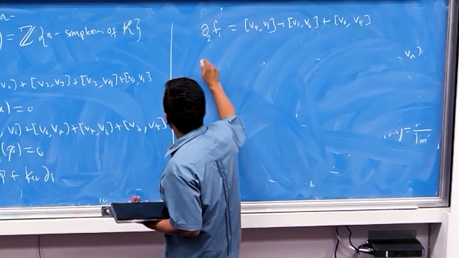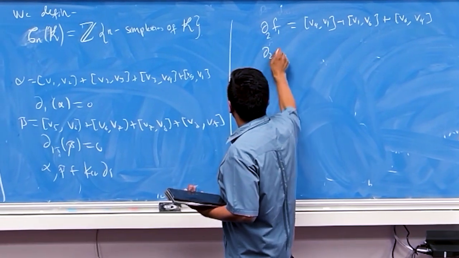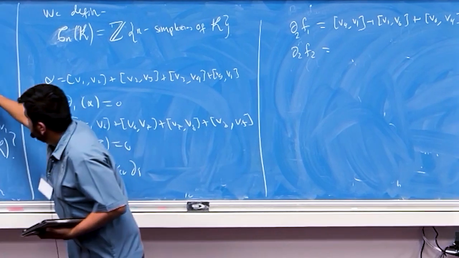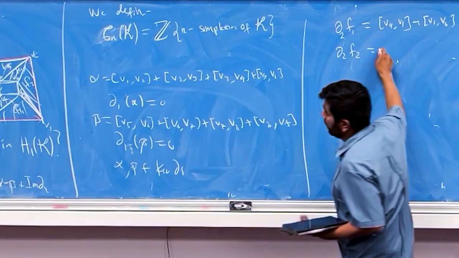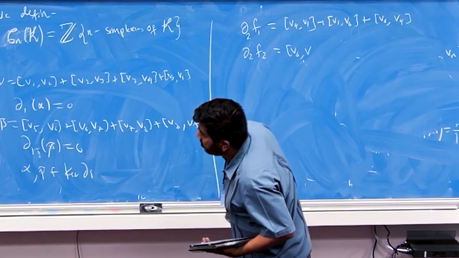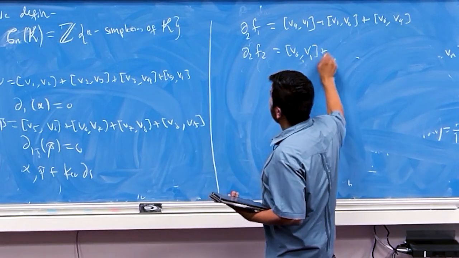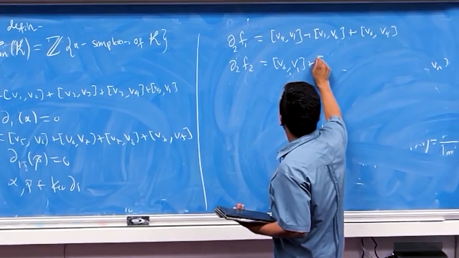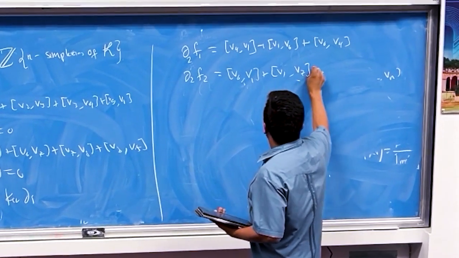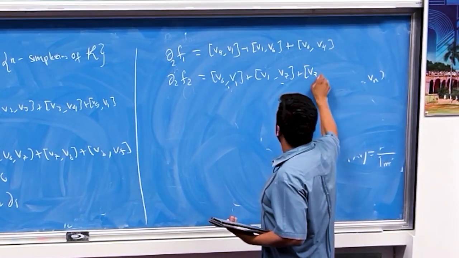And what happens if I take the boundary operator of F2? F2 is right here. This is going to give me B6, B1 plus B1, B7 plus B7, B6.